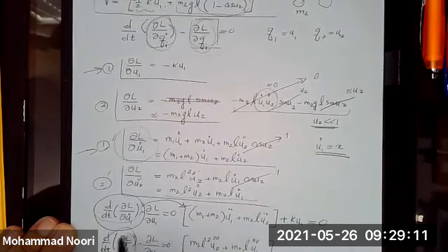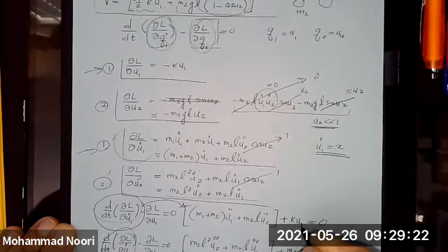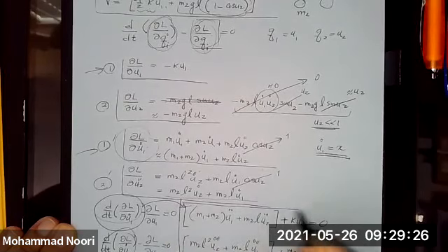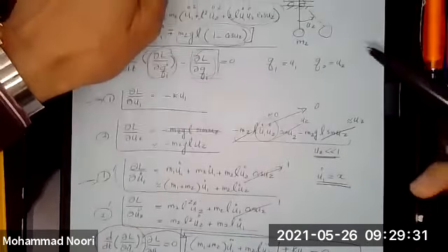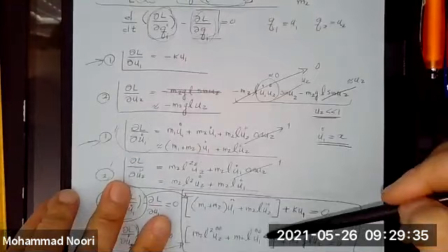So this is this term minus this. So it becomes M2 G L U2 is equal to 0. So this is the equation of motion corresponding to this 2 degree of freedom system.